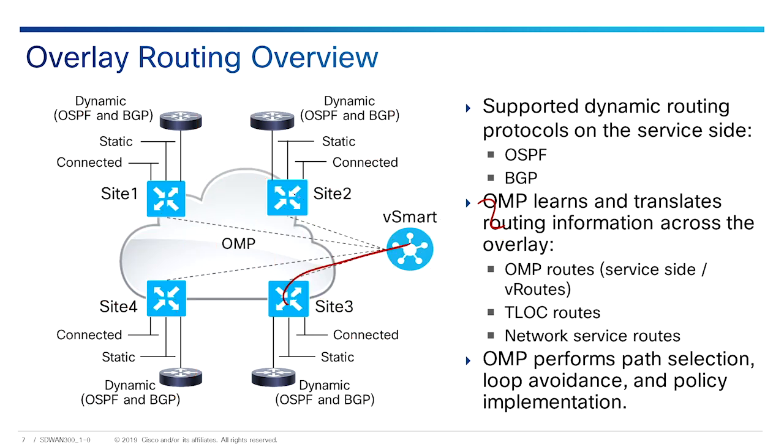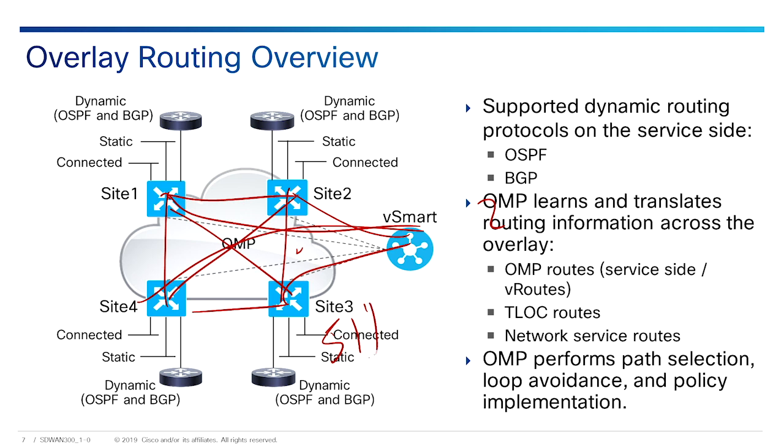So VPN 512 connects directly to vSmart. VPN 0 connects full mesh to the other sides inside. This is where our internet connection is, where our MPLS connections are. VPN 1 through 511 are your service-side networks.